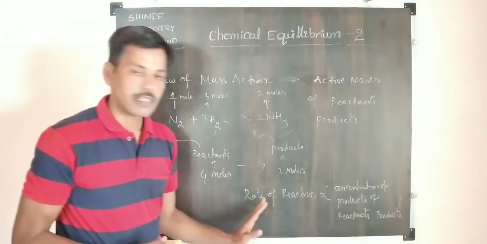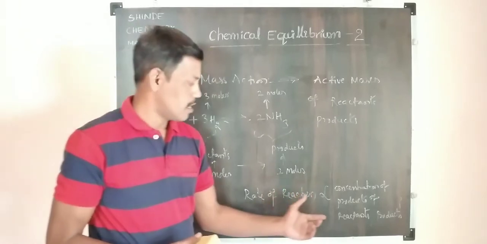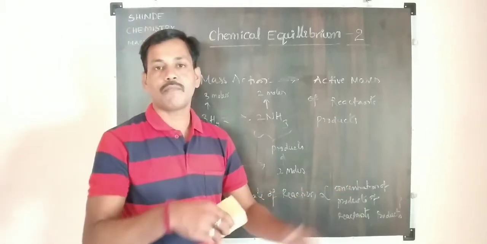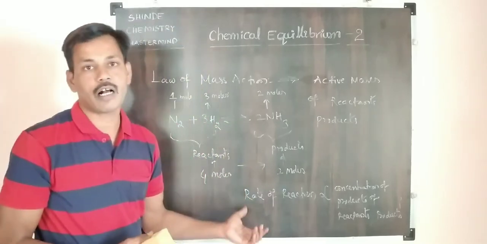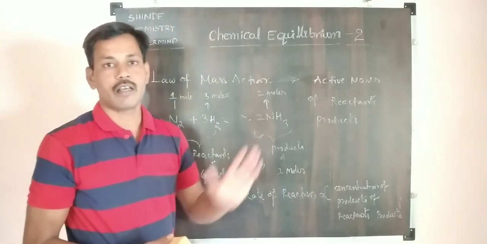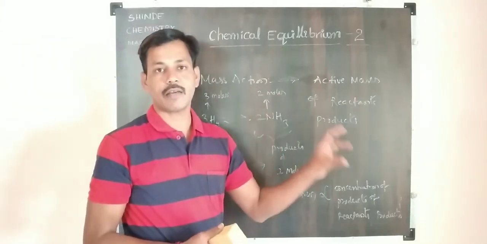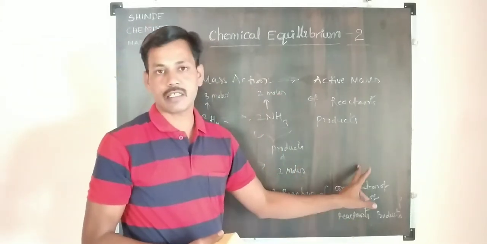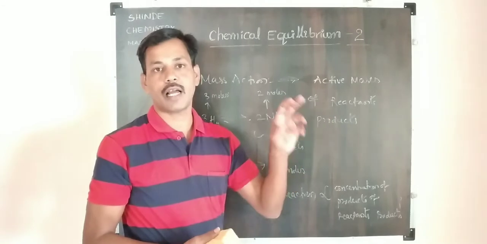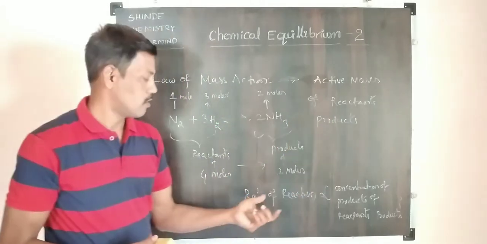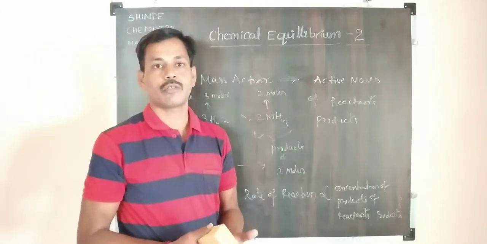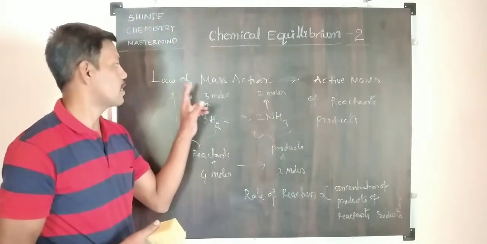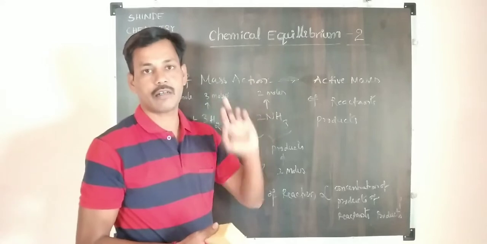This indicates that if we increase the molar masses, the rate of reaction also increases. In an equilibrium process at a given temperature, if we increase the number of moles of reactant in the forward reaction, the rate of reaction automatically increases. This is called the law of mass action.